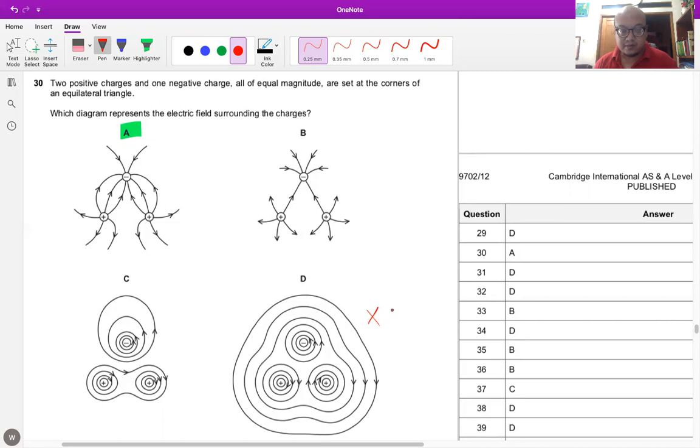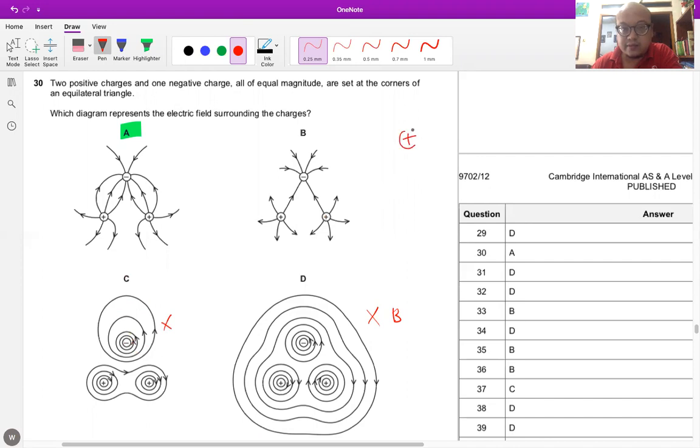This is about magnetic field. This is also for C. This is not about electric field. This is about magnetic field. So the direction is also wrong.